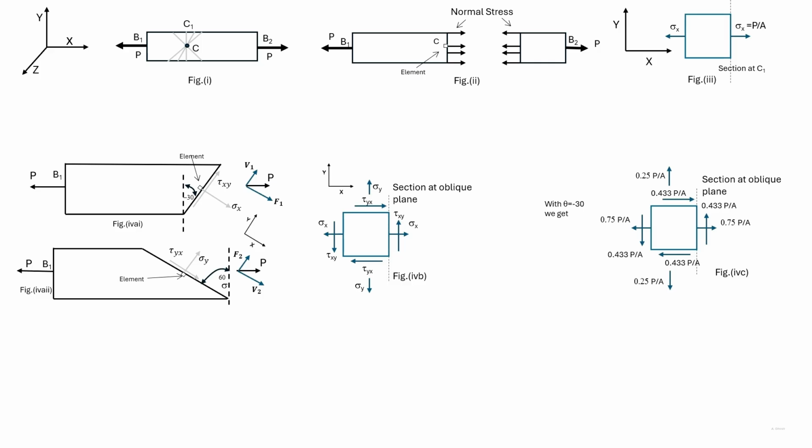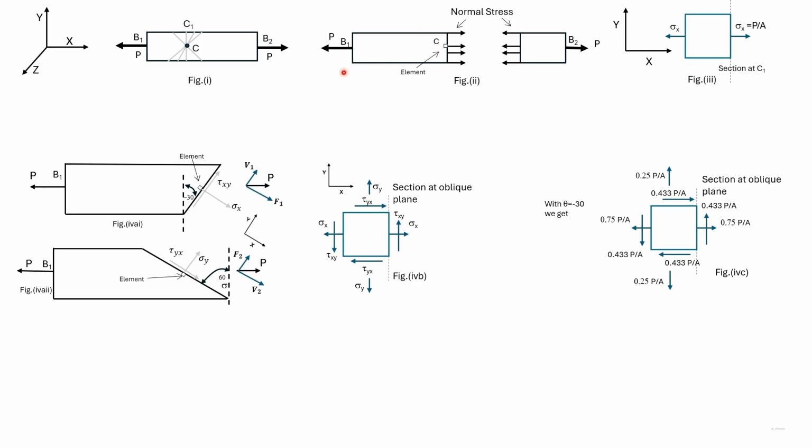Here we relate the two. So we give the stresses acting on the elements on the sections that we have considered. Then we see how the stresses in the elements vary as the section rotates.